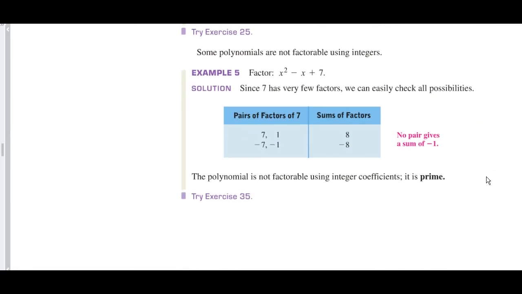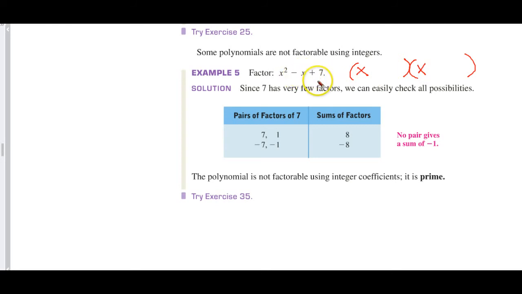Now for number 5, and again, the book gives a lot more information. We're going through it a little bit quickly. It's in standard form. Our a is 1, so it's x and x. And factors of 7.